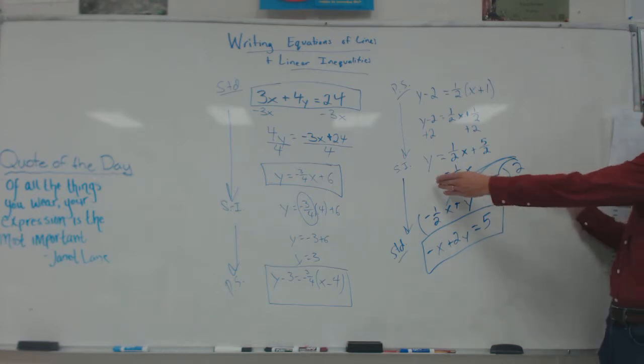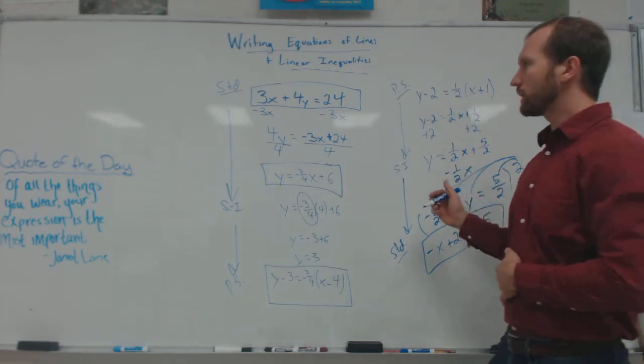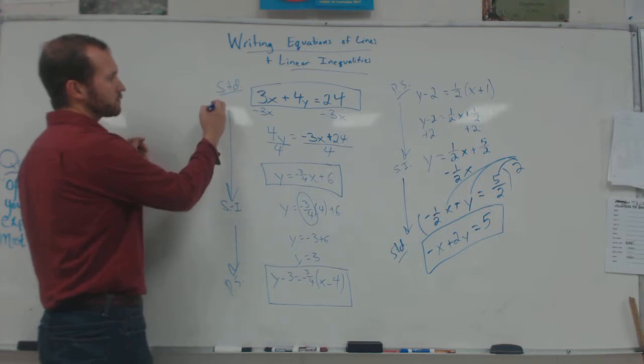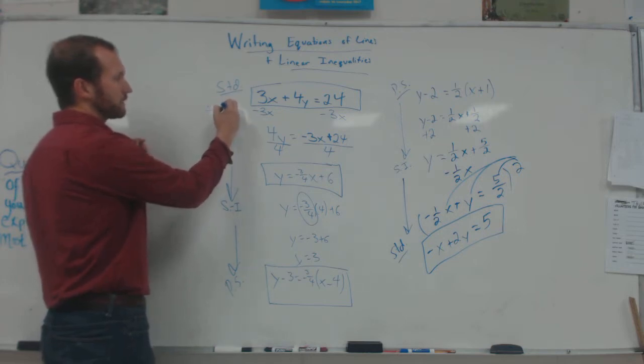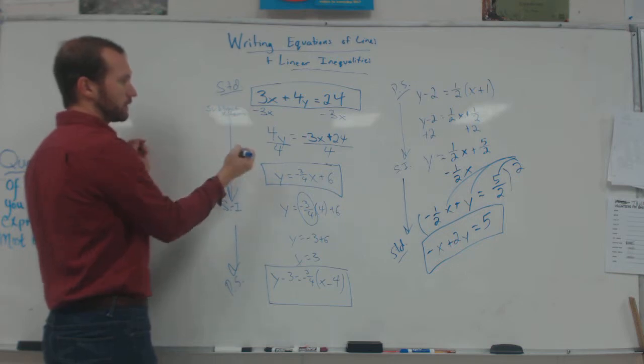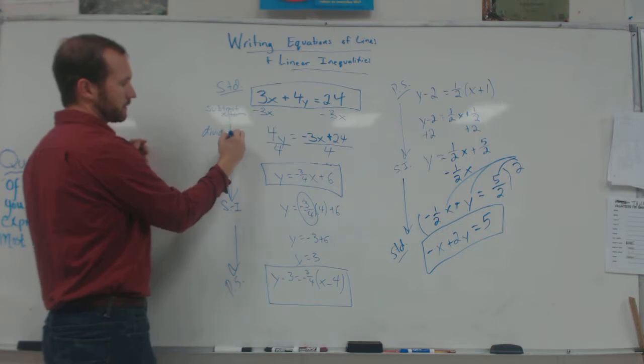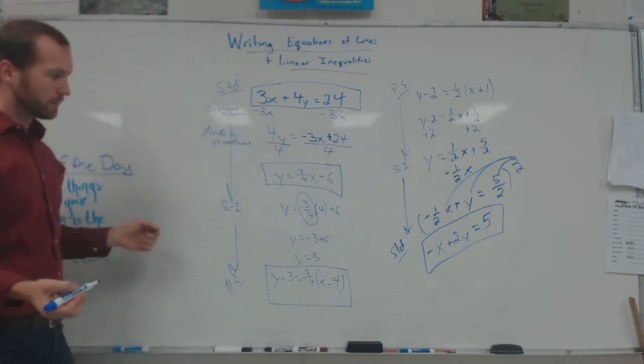So there's really just one step. Let's just go back through each one of these. Standard form to slope-intercept form. We subtracted the x term, and then we divided by y's coefficient. Right?